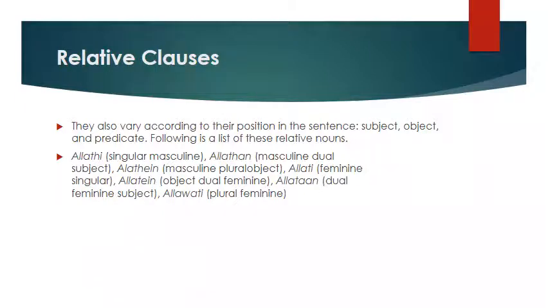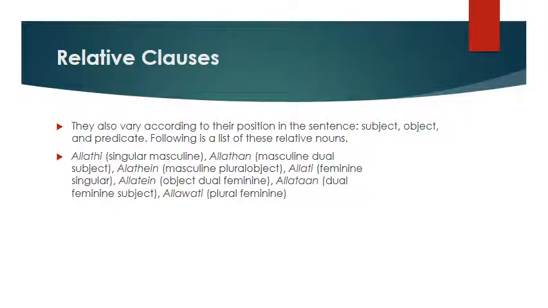So we pointed out that the relative pronoun form would differ based on the gender and the number, and the position, which is here related to the case, الحالة الإعرابية يعني.